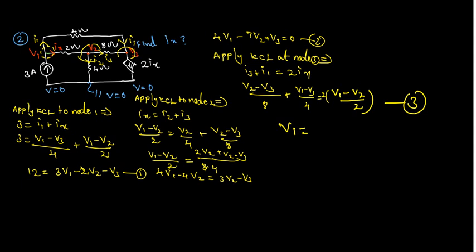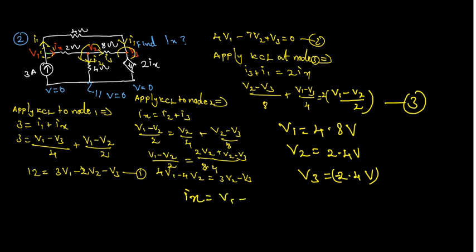V1 is equal to 4.8 volts, V2 is equal to 2.4 volts, and V3 is equal to minus 2.4 volts. I'm using a calculator. So Ix is equal to (V1 minus V2) by 2. When you apply these values here, we get Ix equal to 1.2 amps.